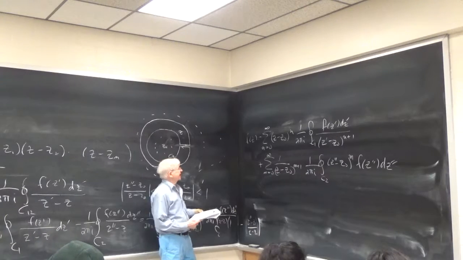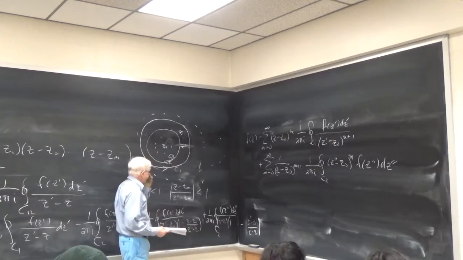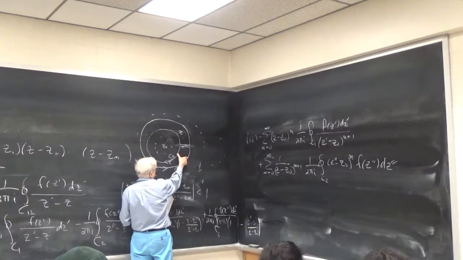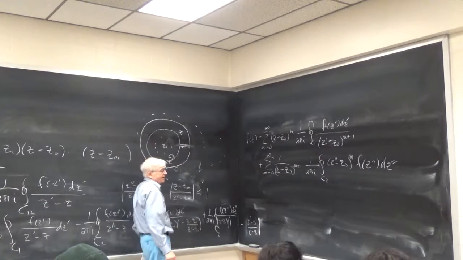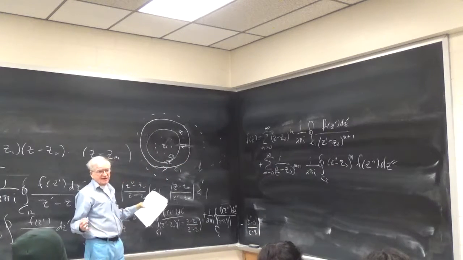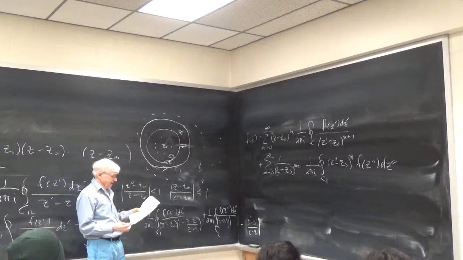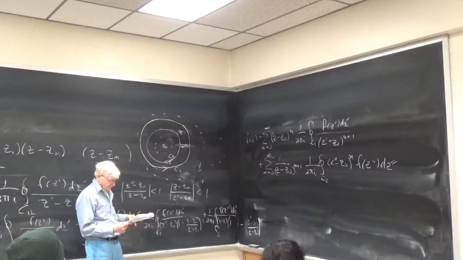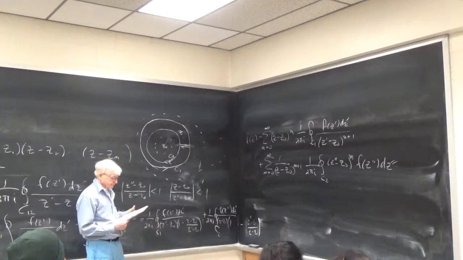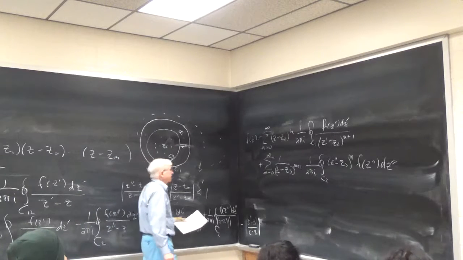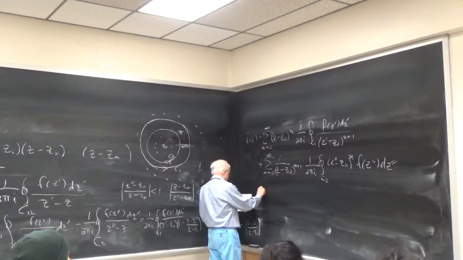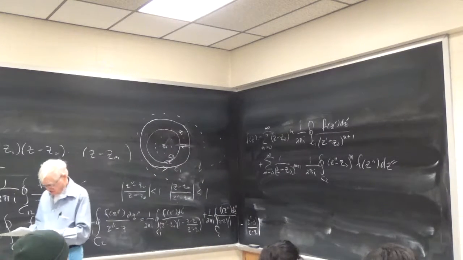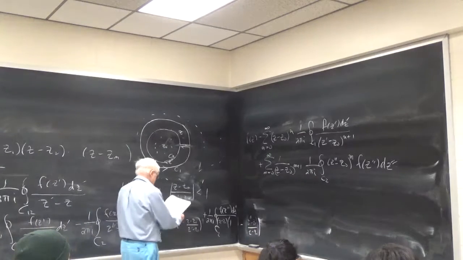Okay, so what we do next is we let these two circles approach each other, and since we stay within the realm of analyticity, there's no change when we do that, and so we just have one circle that we're integrating over. And so finally, when it comes to discrete counting, there's always a little bit of confusion.